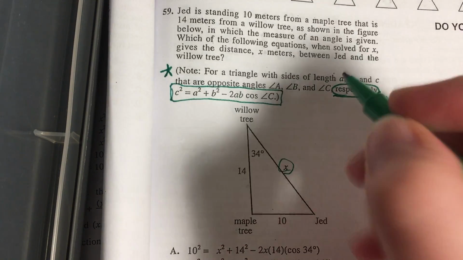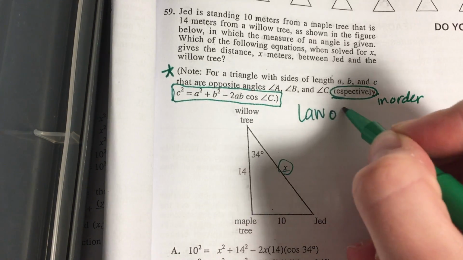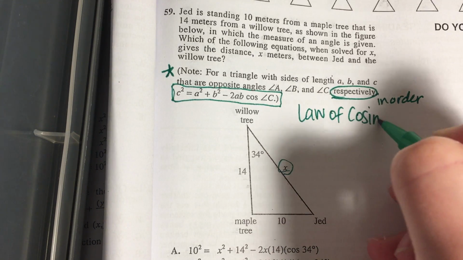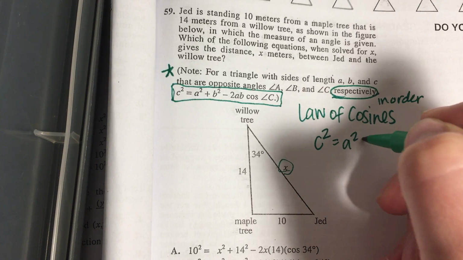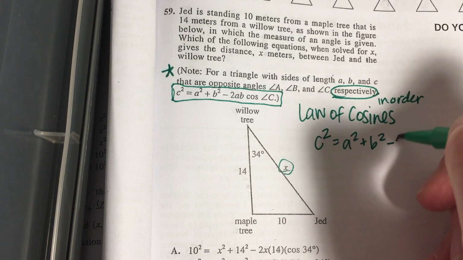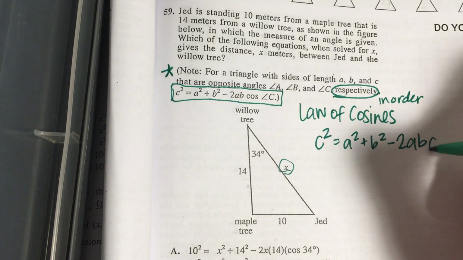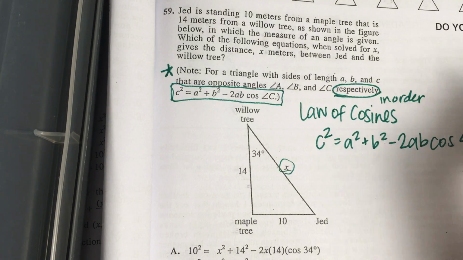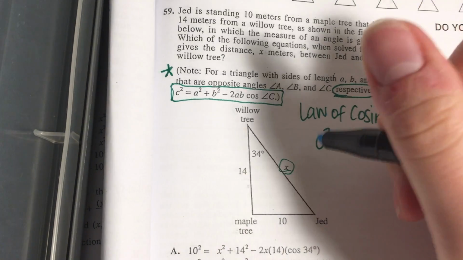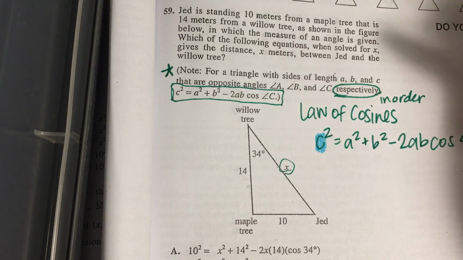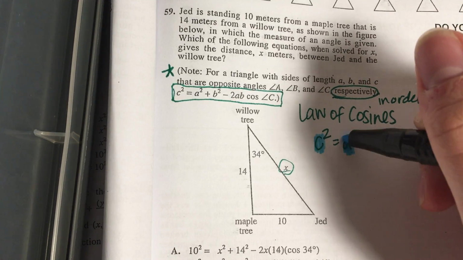All right, this is called the law of cosines. We haven't learned this yet, but we will eventually learn it. So c squared equals a squared plus b squared minus 2ab cosine angle c. What's important to note here is that these little letters are sides.